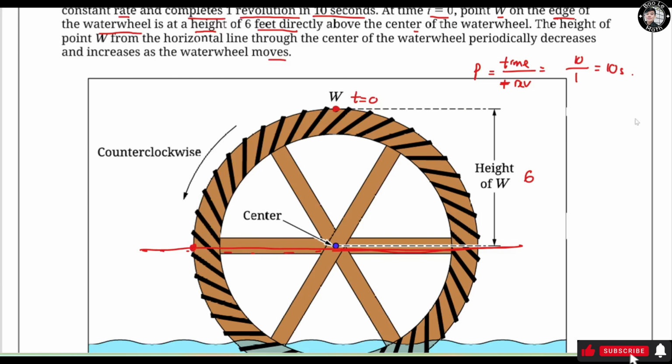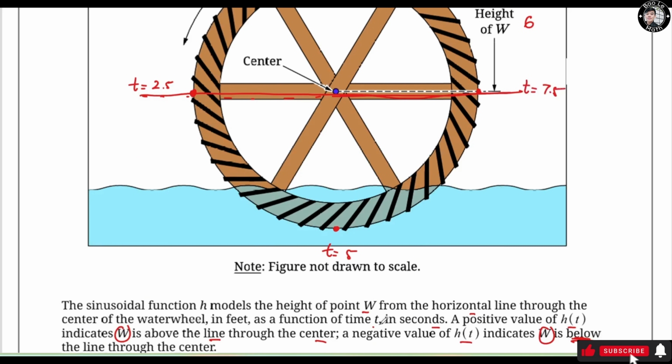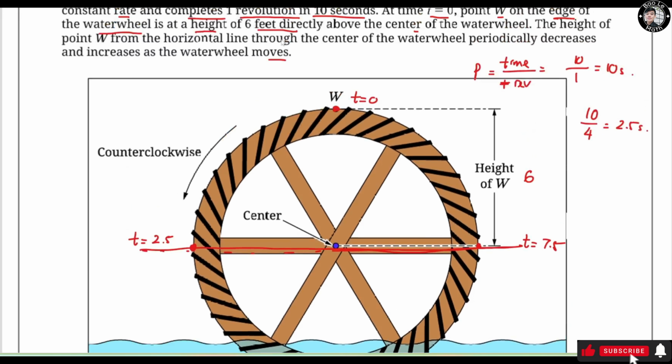So we take 10 and divide by 4 because we have 4 quarters. It's going to be 2.5 seconds per quarter. So at this point right here, t equals 2.5. At this point right here, t equals 5. And then at this point right here, t equals 7.5. Now go back over here, t equals 10.